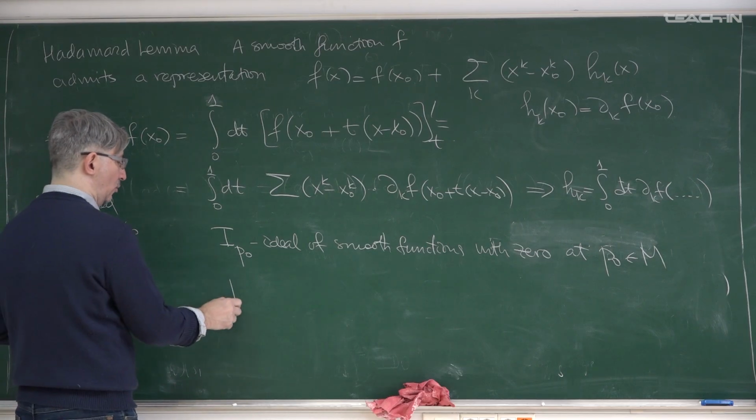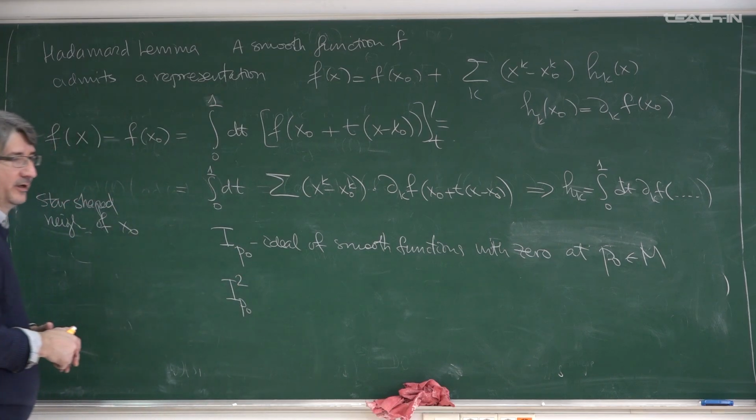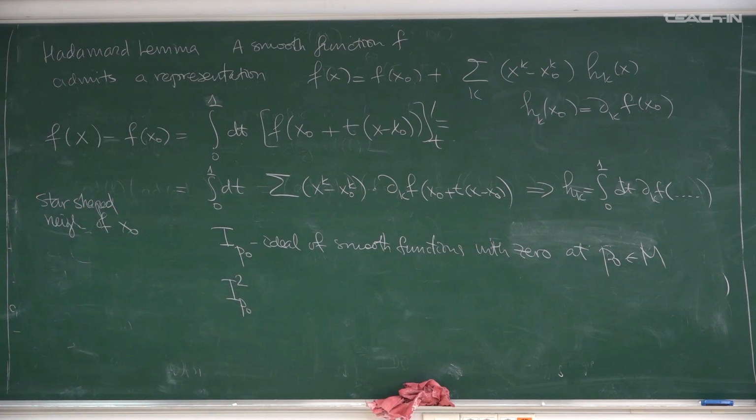Next question. What in algebra do we denote by the square of an ideal? What is a square of an ideal? Possible products. It's not enough.